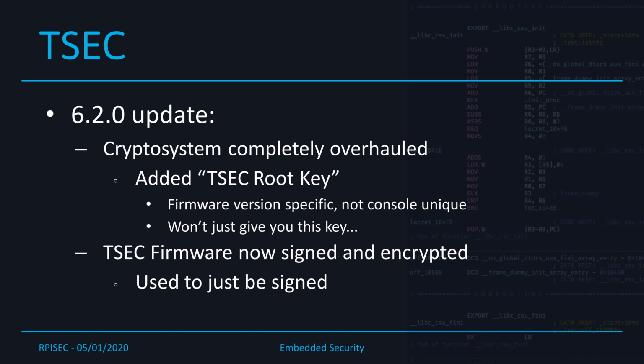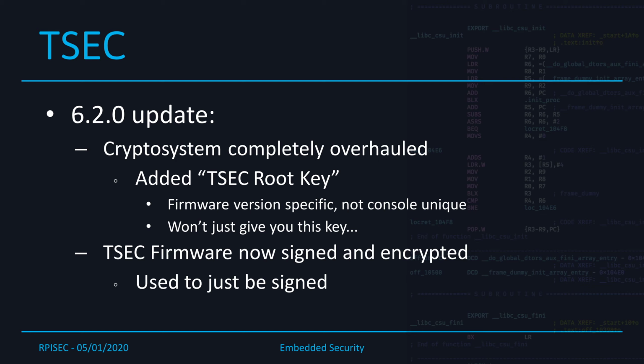And the TSEC generates this key from hardware secrets, or actually no, the key to decrypt the firmware containing this key is contained within hardware secrets. But basically, the TSEC firmware now contains this key and won't just give it to you. So you can't initialize the crypto system, you can't decrypt the OS, you can't continue booting.